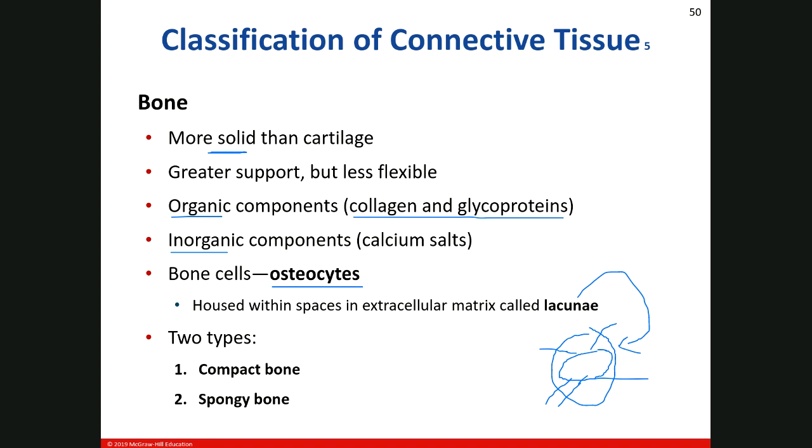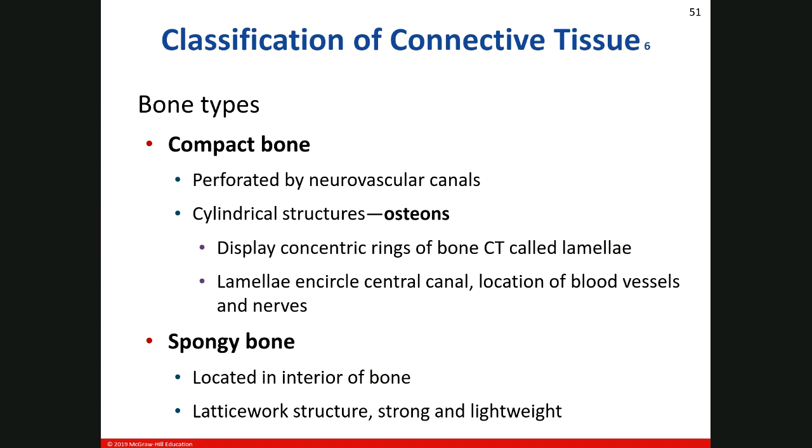There's two types of bone. Compact, which we saw when we were in the lab, and then the spongy bone.